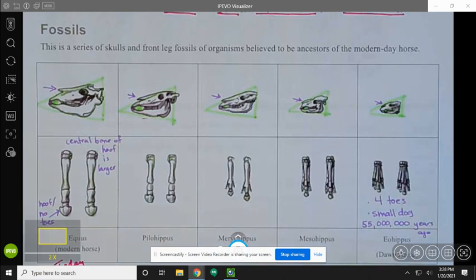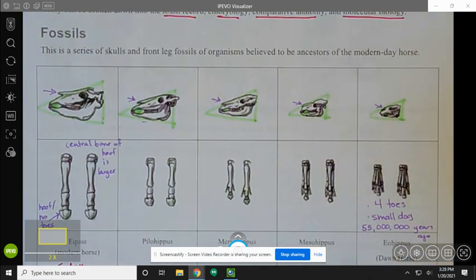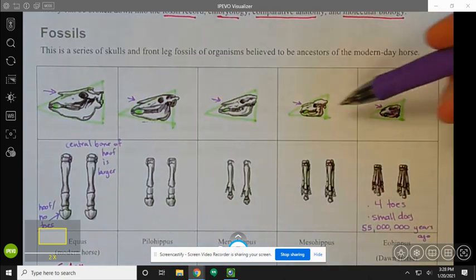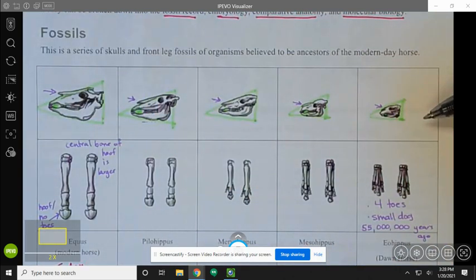So what I would like you to do right now is to take a look at these skulls. I would like you to look at all 5 skulls together, and I want you to come up with at least 2 similarities between the skulls that might lead to the conclusion that they're all related species, that they have a lot of things in common.